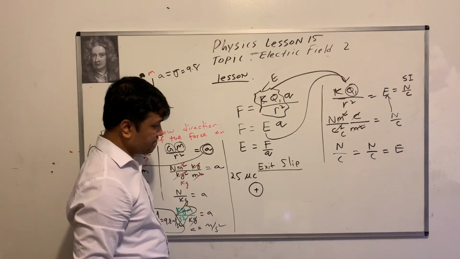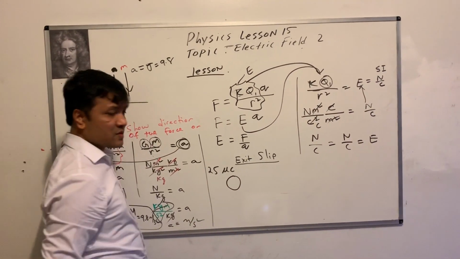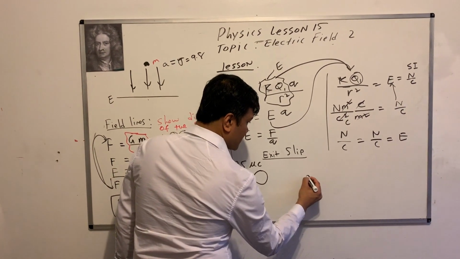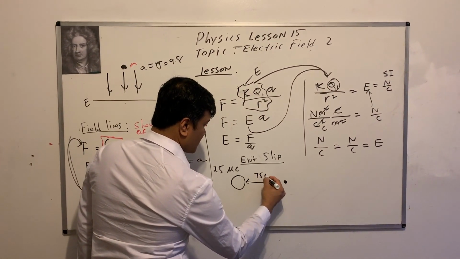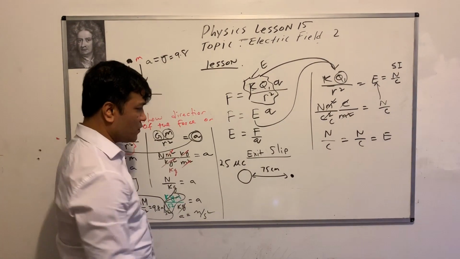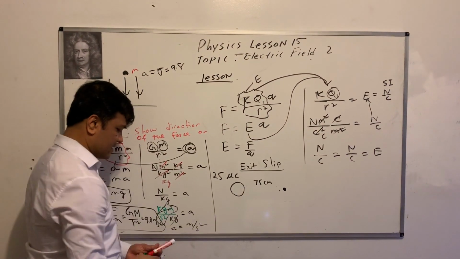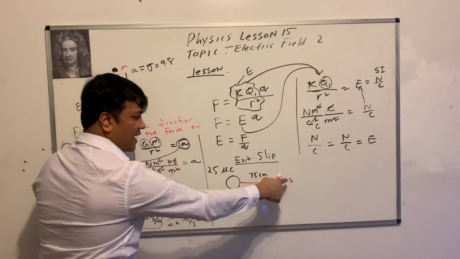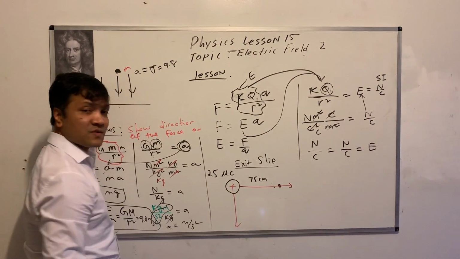We don't even know whether it is positive or negative, so we need to put a test charge 75 centimeter away. Now all of a sudden, by looking at the field line, we know that this is a positive charge.